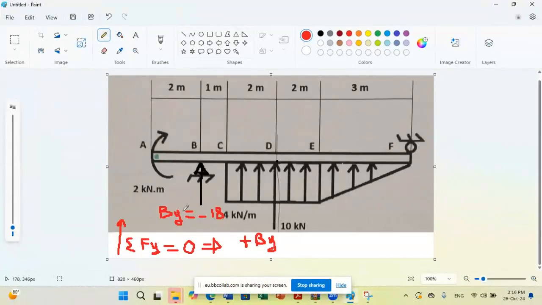Or if you want, you can fix your force. Since I got a negative result, you can fix your arrow here and put it downward, and then you put directly minus 18 kilonewton because it's downward. In both cases, you'll get exactly the same result. Now, what do we have as forces? We have the 10 plus 16 for the rectangular load, so plus 26.